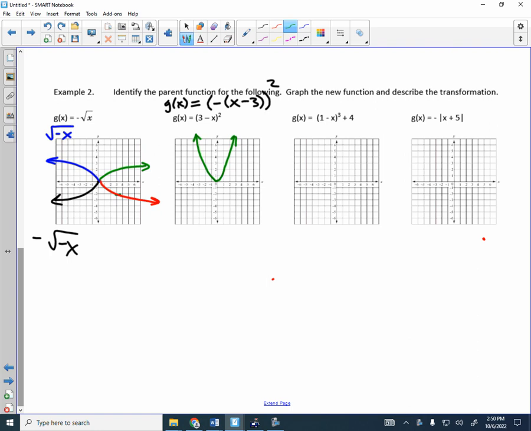What does the x minus 3 do? It moves it to the right 3, and then after I do that, I apply this, which means you do what with it? Horizontally flip it. So if I take this and horizontally flip it about itself, you get the same thing, don't you?